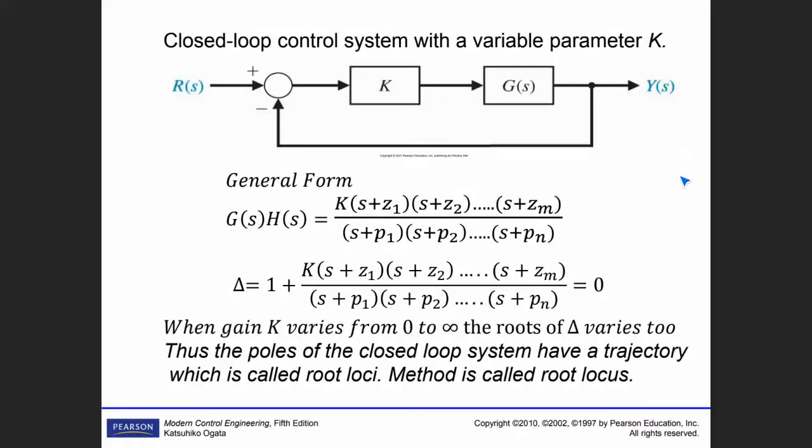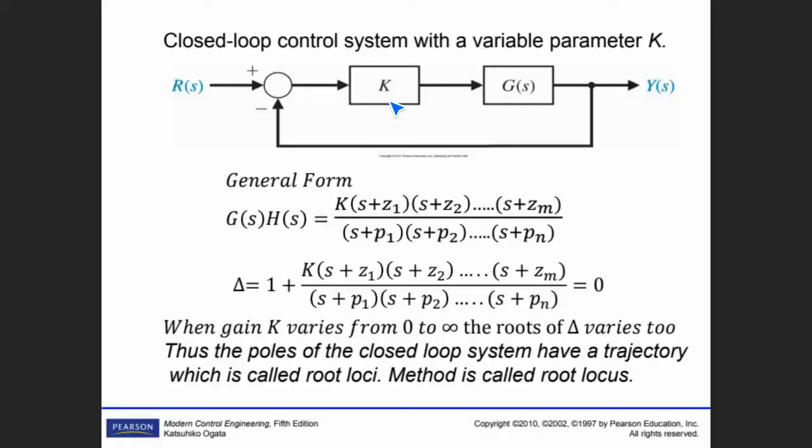Now, at the starting point, you have a system and you have a constant. That constant parameter is of course reflecting the proportionality constant. The G(s)H(s) is equal to, you have some zeros, you have some poles. You know that. But you now multiply with K. However, delta is 1 plus G(s)H(s).